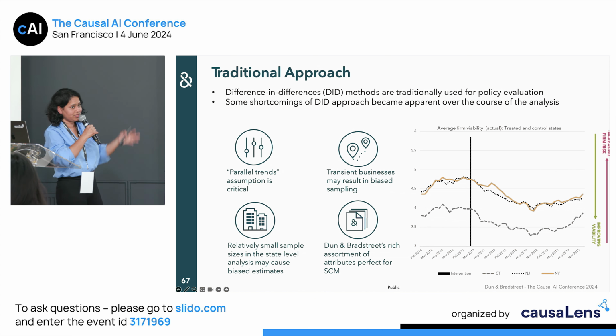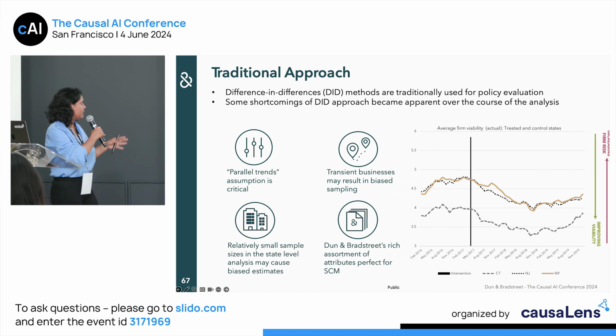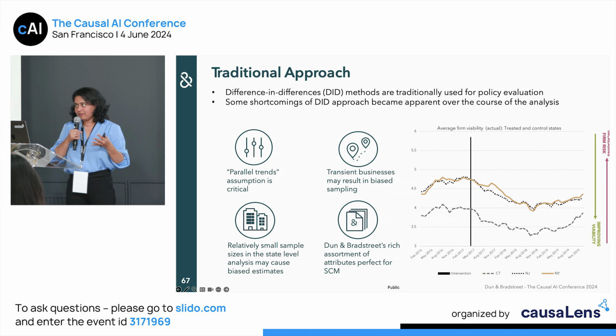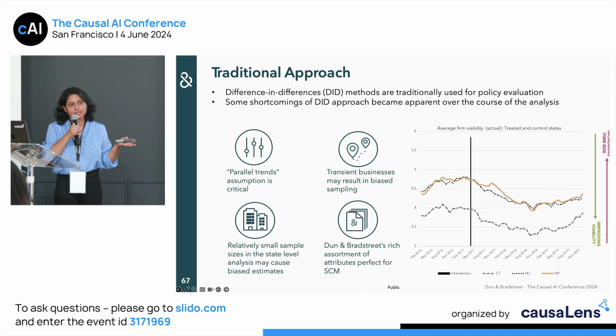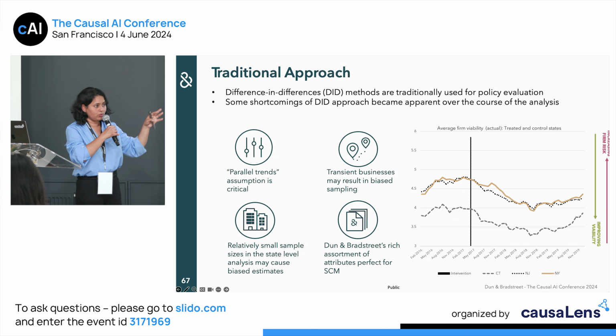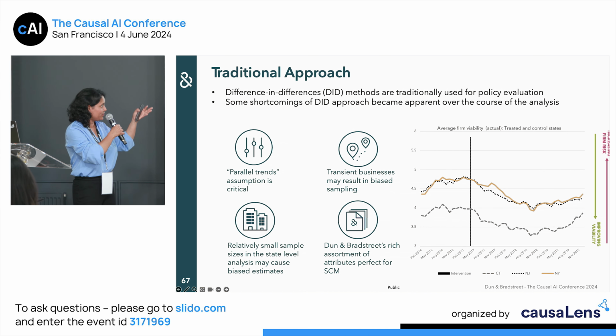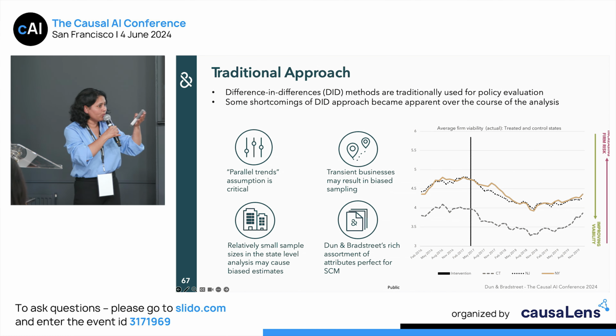And then the transient businesses messed up our sampling, so we had to put them out of the sample altogether. And as I said, we had the state level analysis, so a relatively small sample; we didn't have the advantage of hundreds of pharmacies. And we wanted to do this analysis on a time series basis. So, difference in differences 101: how do we incorporate more and more effects?